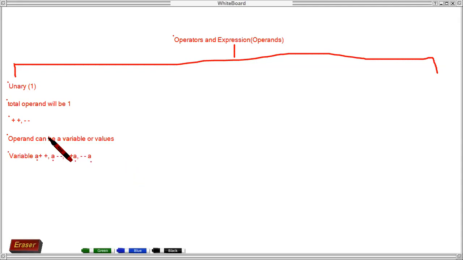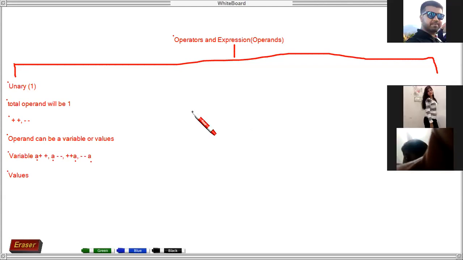So in terms of the variable, if you create any kind of expression, then your expression with the help of the unary operator looks like this. Now if we try to show you in the form of values, that means a maximum of one value, because we are using the unary operator. So how does it look? We can take any constant value.